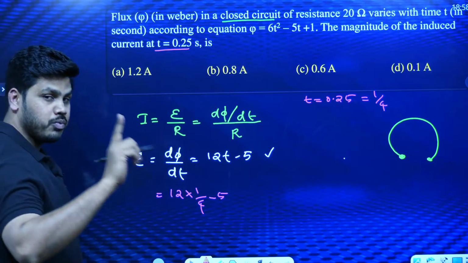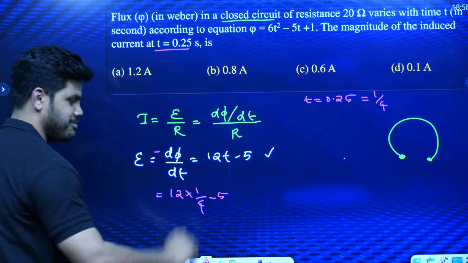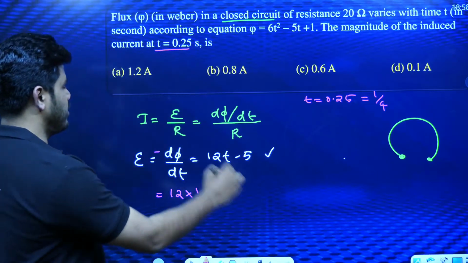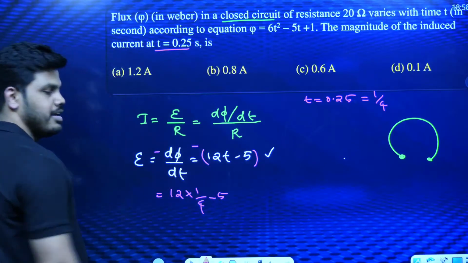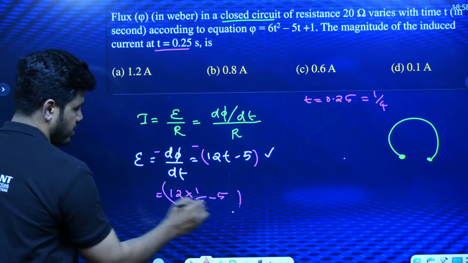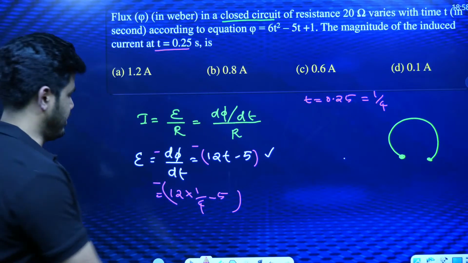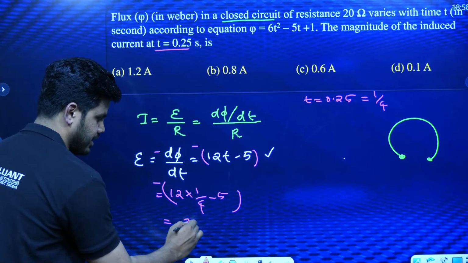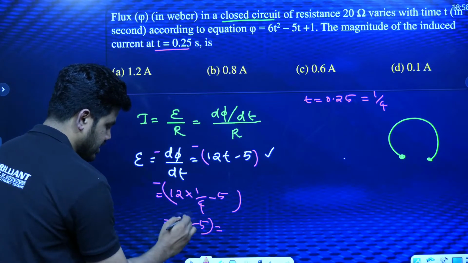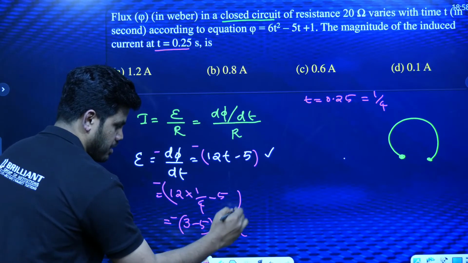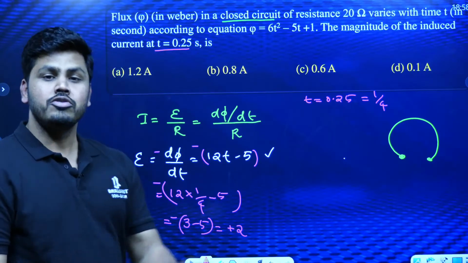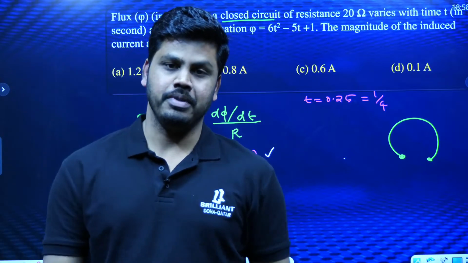We have to consider minus d phi by dt, right? So this will be altogether minus of 12 by 4 minus 5, which is 3 minus 5. We get minus of 3 minus 5, which is plus 2. So 2 volt is the induced EMF.